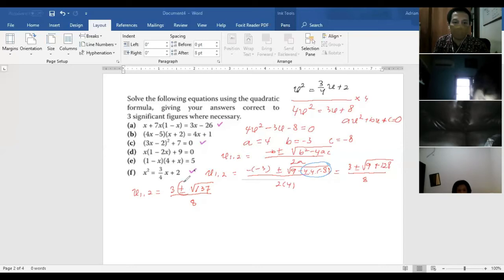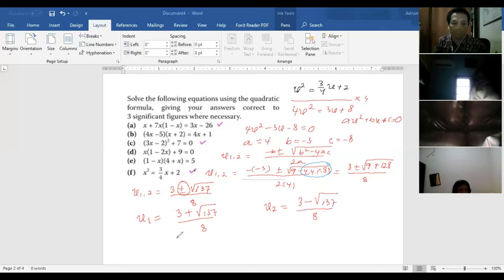Okay, we have plus or minus, which means you have to separate the equation. x1 is, take the positive one, 3 plus root of 137 divided by 8. Is it clear? And x2 equals 3, take the minus, root of 137 divided by 8.